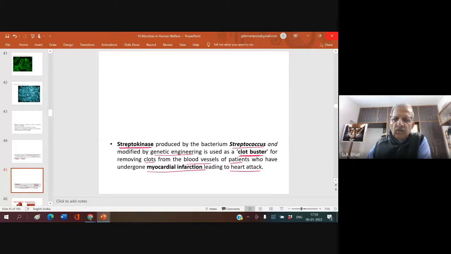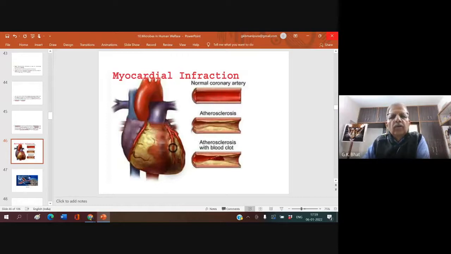It is used to break down this clot into small tiny particles and make the passage or flow of the blood easy. And what you should know, streptokinase is a clot buster and it is produced by the bacterium Streptococcus. Right? Okay? This is what you have.